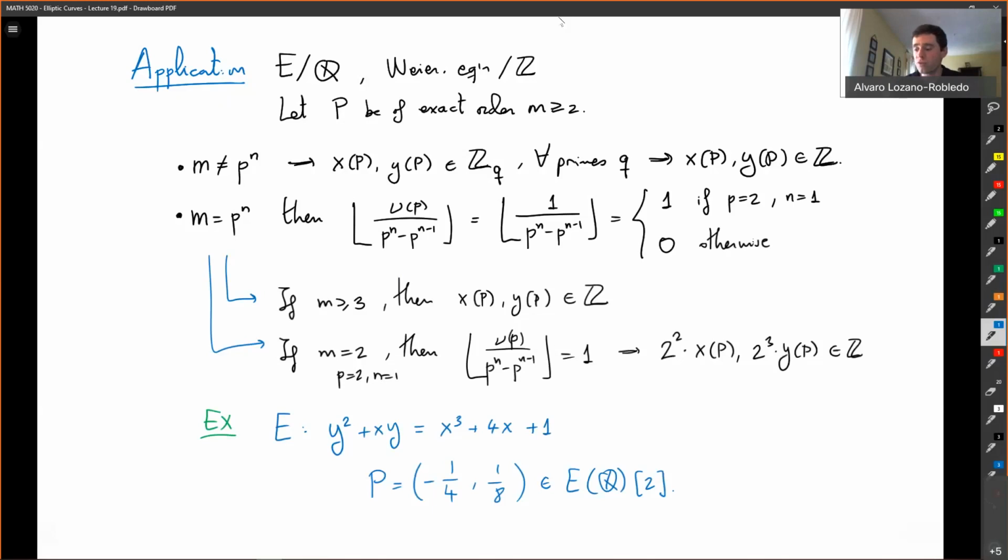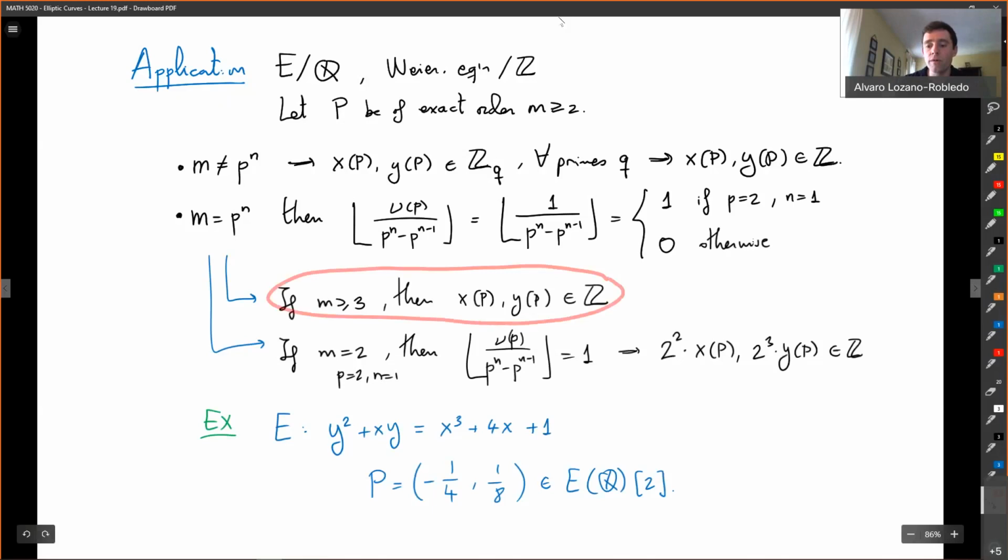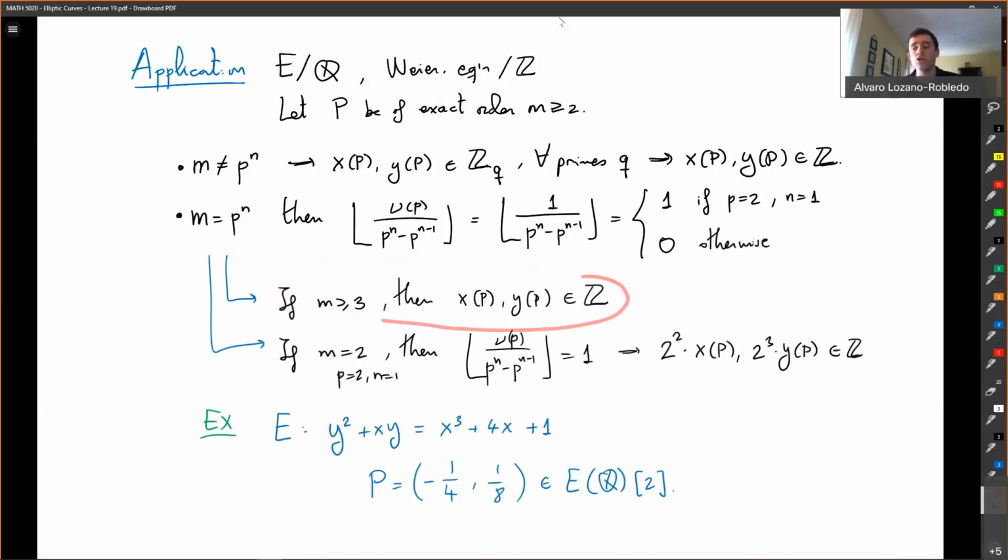But that is what we just proved. This proves that for any point of finite order at least 3, the coordinates have to be integers. And if it is a point of order 2, then the worst that can happen is that you have a 4 and an 8 in the denominators.